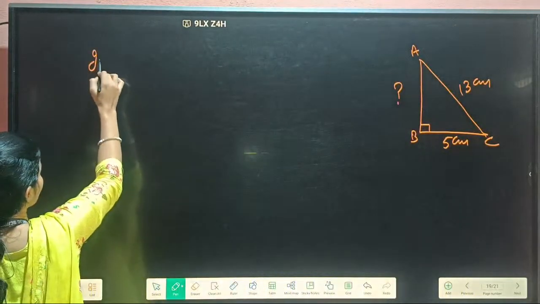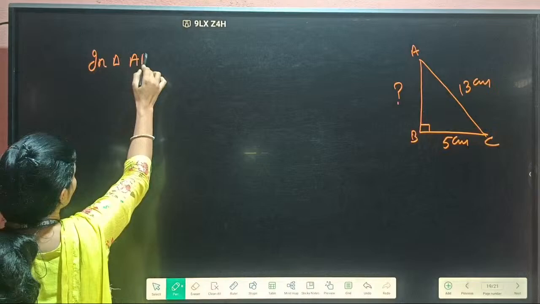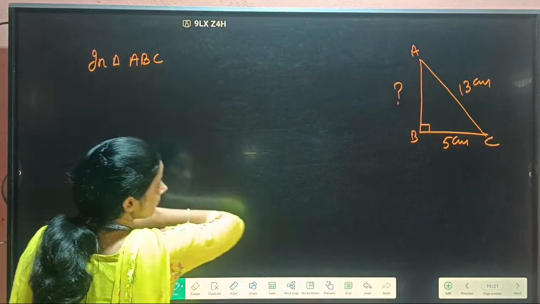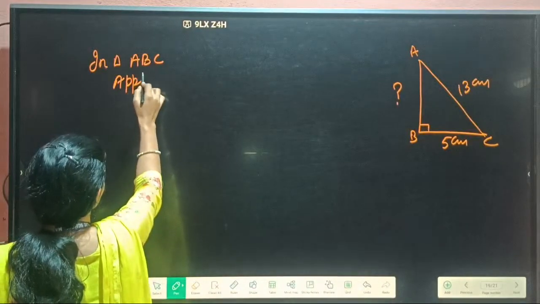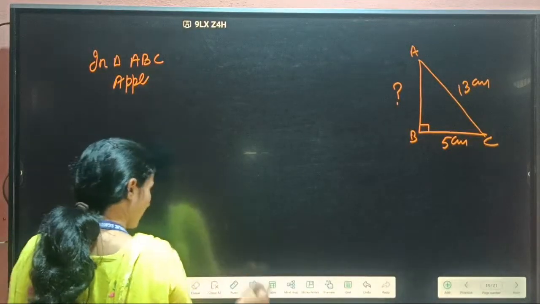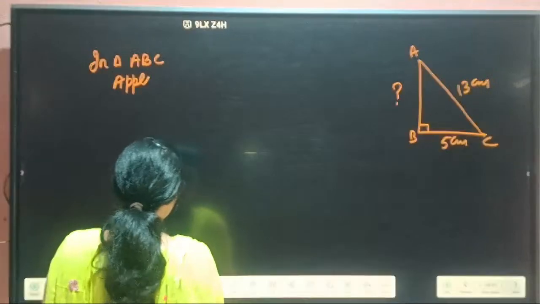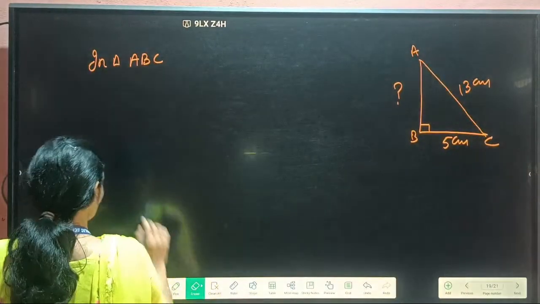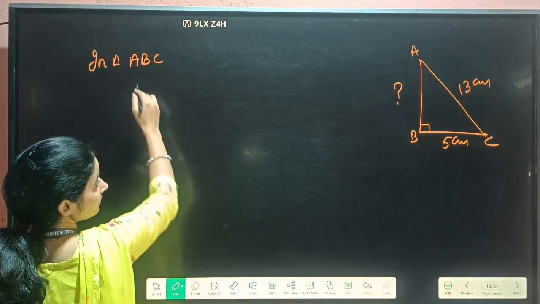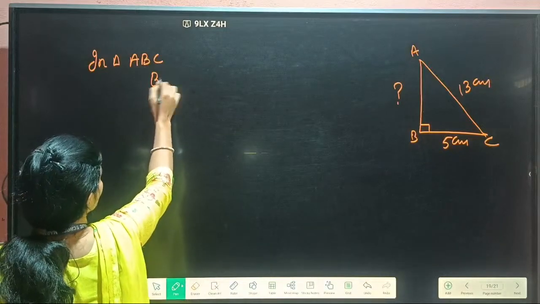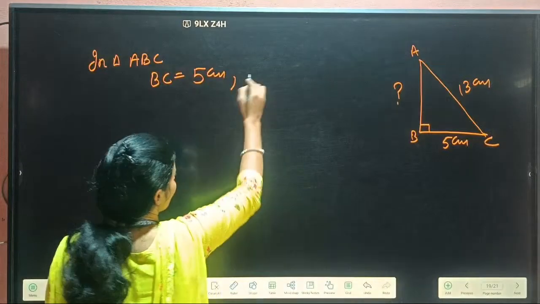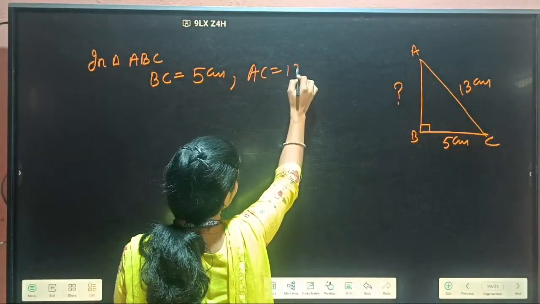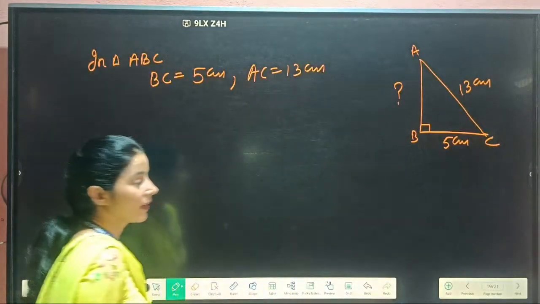In triangle ABC, we can write what is given to us. Given, BC is 5 centimeter, AC is 13 centimeter.